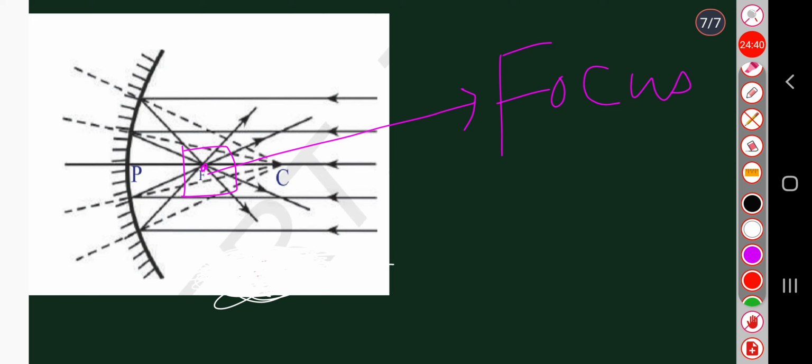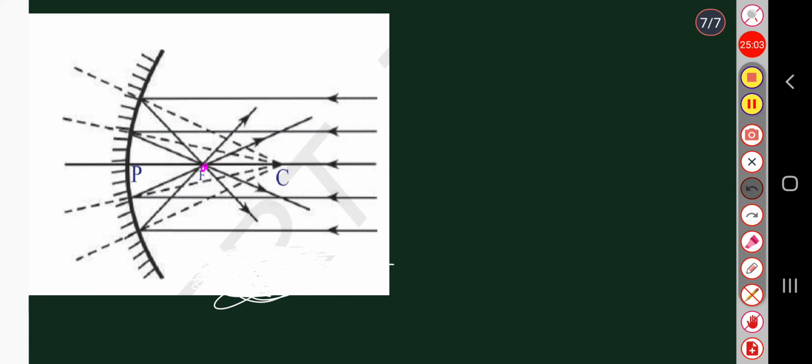A small activity. Now how are the light rays behaving here? When the light rays are parallel to the principal axis, they are converging, passing through a common point. That point is called focus. What do you call the distance between the pole and focus? It is called focal length.